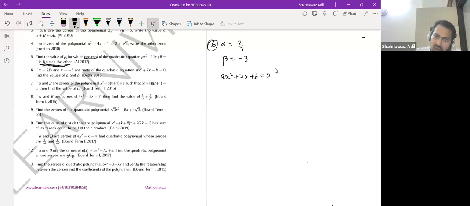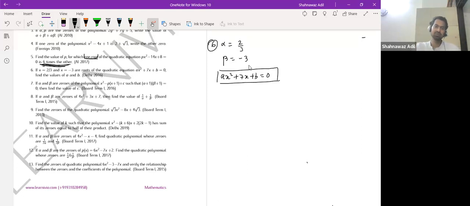Now you see that the values of the zeros are given, right? So Abir, you tell me what should be your approach? If alpha and beta are the zeros, what does this tell? Yes, sir. We can write alpha plus beta is equal to minus b by a first.